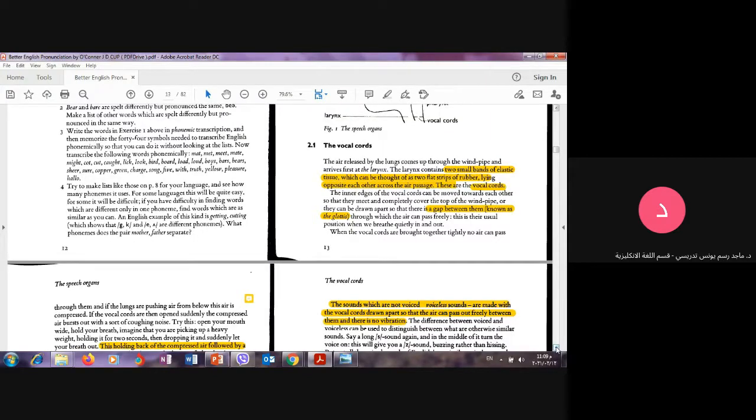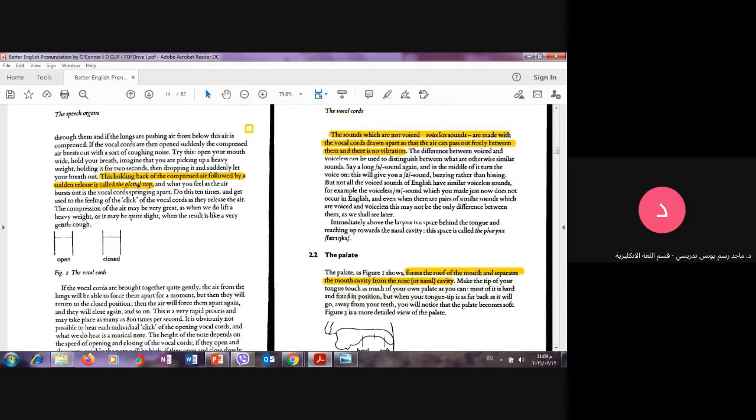The first type is called the glottal stop. I can use the vocal cords to produce the glottal stop, and this is done when the compressed air is followed by a sudden release.